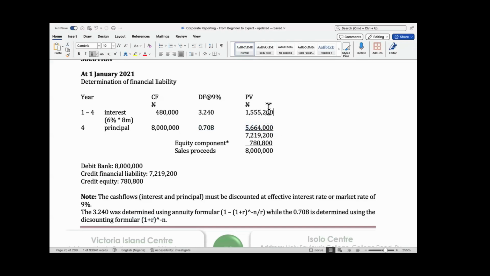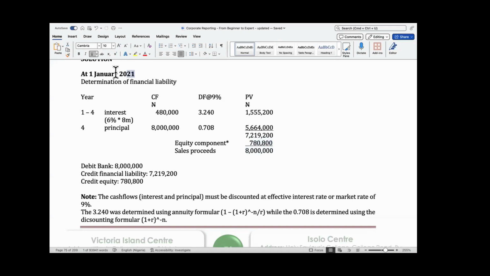If you add that to the earlier one for the interest, it gives you 7.2 million. And this 7.2 million is the value of the liability at initial measurement. So out of this 8 million, which is the money we borrowed, 7.2 million relates to liability. That means the balance, which is 780,800, relates to equity.